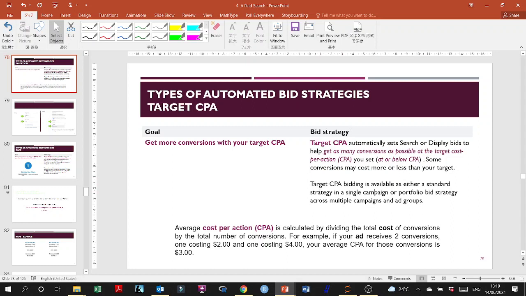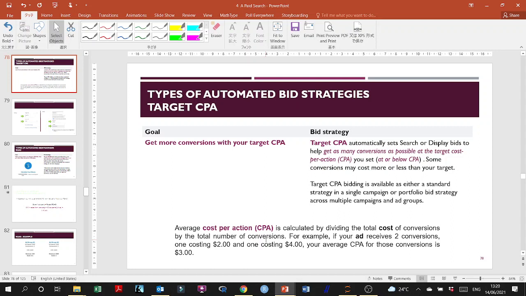Target CPA bidding is available as either a standard or a portfolio bid strategy. Average cost per action here is calculated by dividing the total cost of conversions by the total number of conversions. The total cost of conversions is usually the total money spent on the campaign.